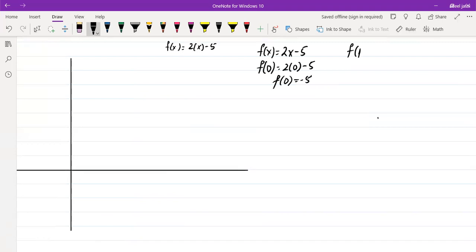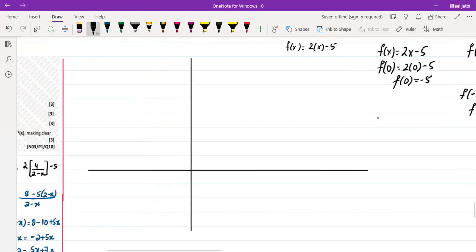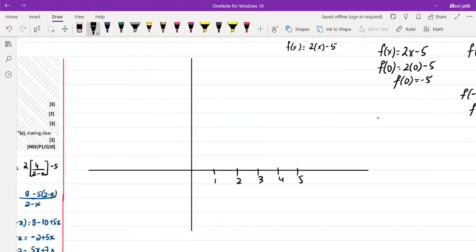Whereas if we substitute 1, we get 2 into 1, minus 5, which is minus 3. If we substitute minus 1, we get 2 times minus 1 minus 5, so f(minus 1) is equal to minus 7. So these are the 3 points that we can plot on the axes, where all the values are in negative.